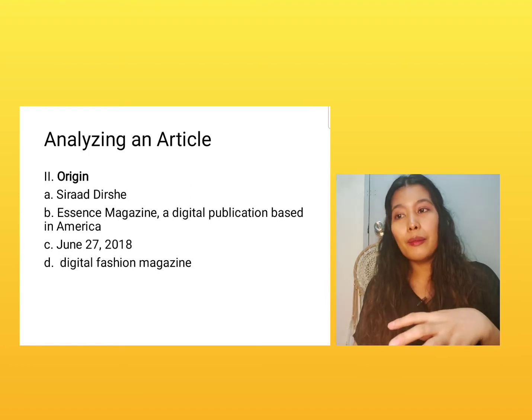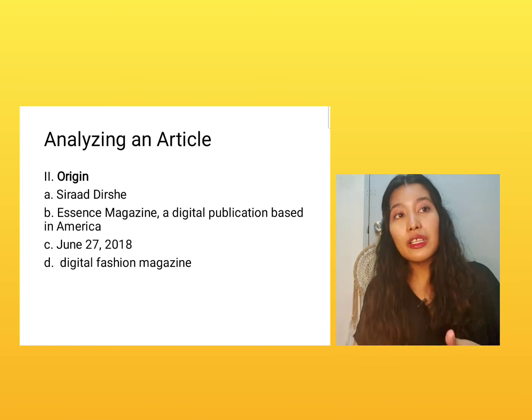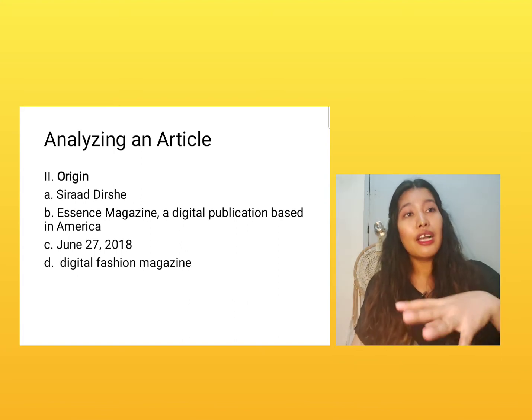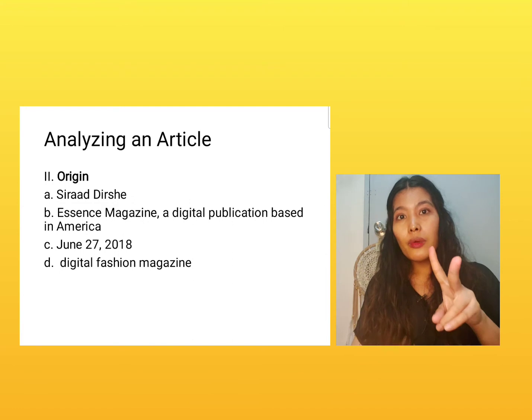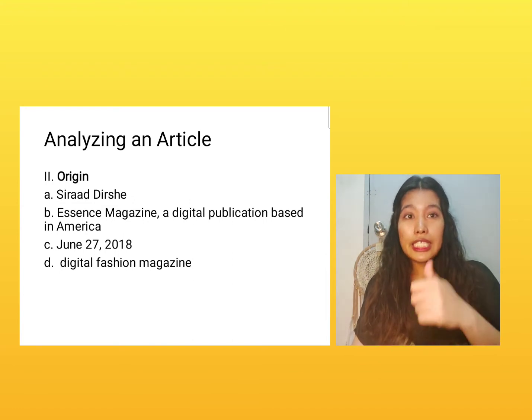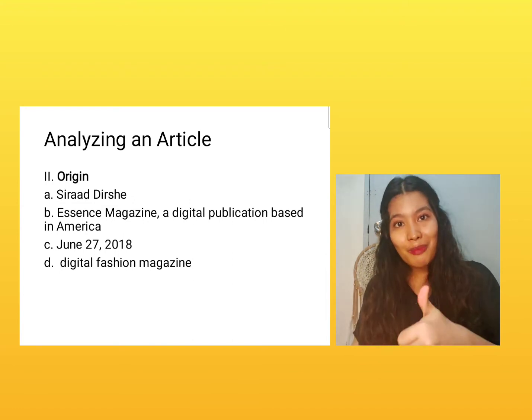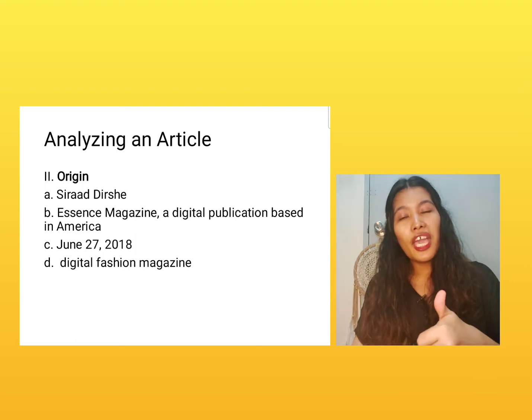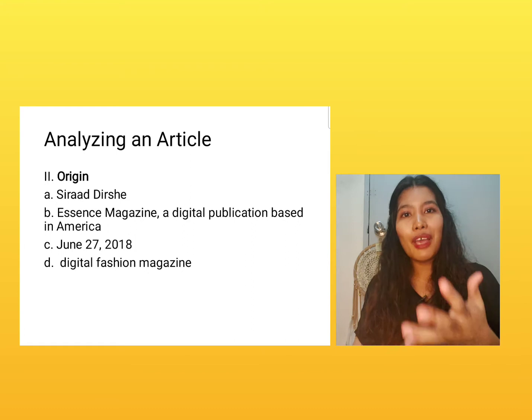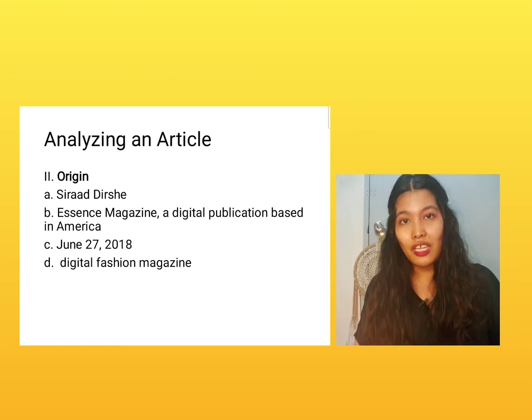Now, the third question is, how was it published? It's published as a digital fashion magazine. There are two things that I want you to identify. It is significant that it is a fashion magazine. We have a very superficial notion, or we look at magazine as something that is superficial, right?